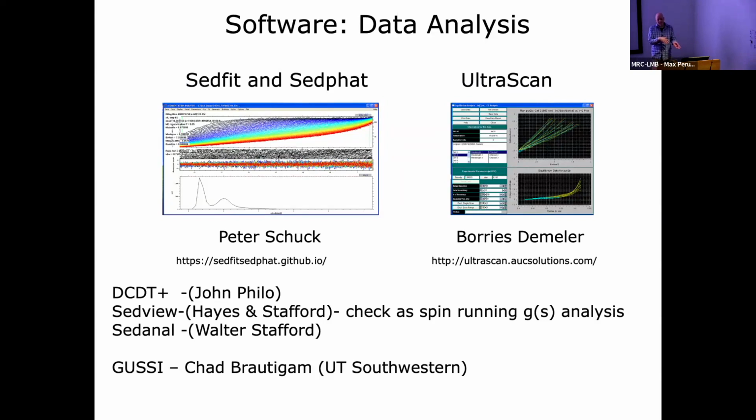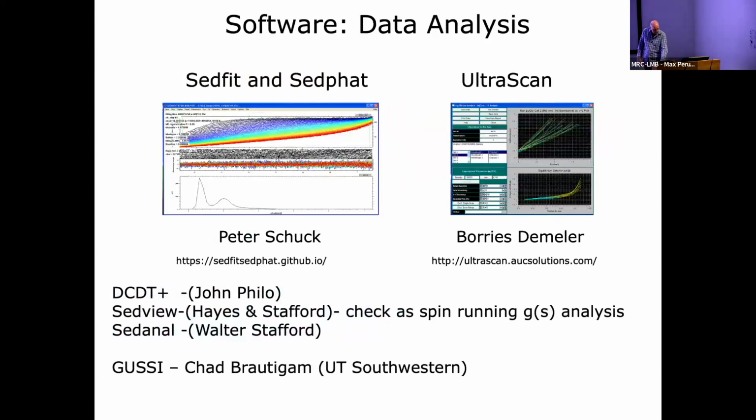It doesn't really matter because, again, there's lots of software where you essentially just plug in the constants and it will fit for you. Here is Peter Schuck's analysis of sedimentation velocity experiments.